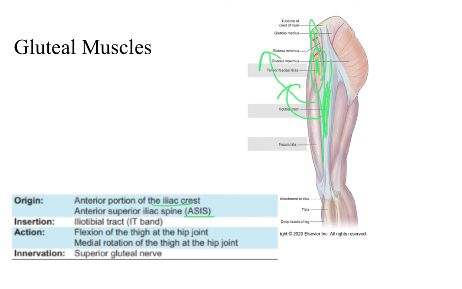All right. It is innervated by the superior gluteal nerve, which is part of the sacral plexus with contributions coming from L4, L5, and S1.